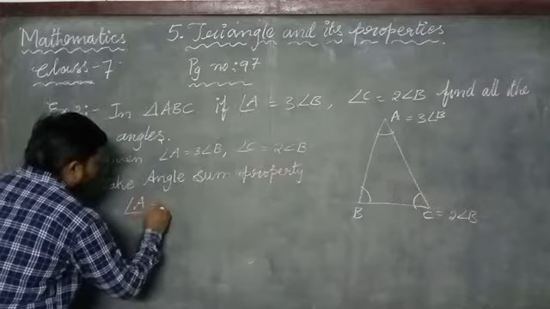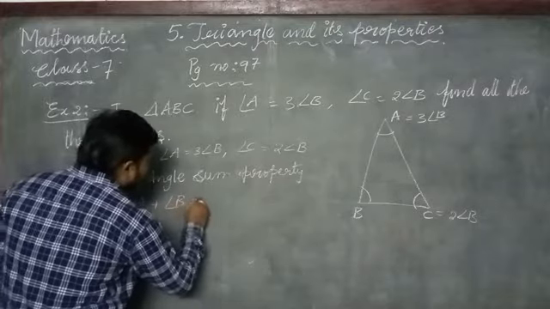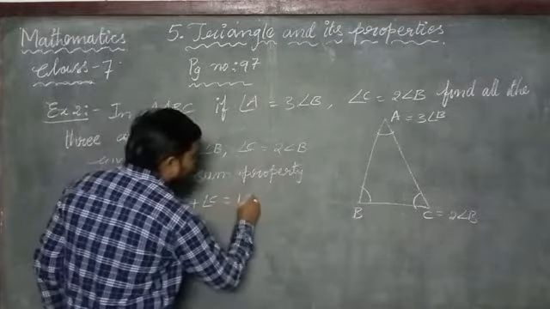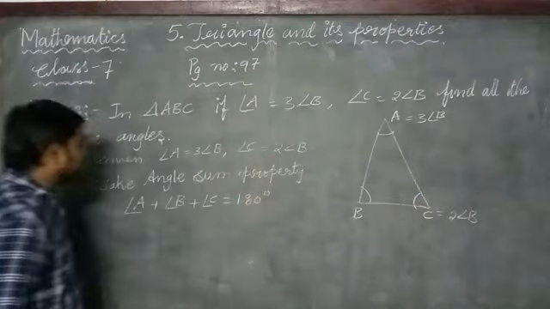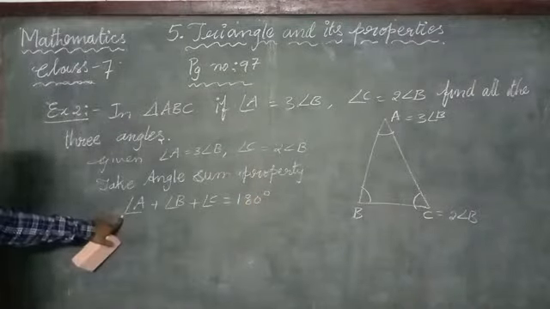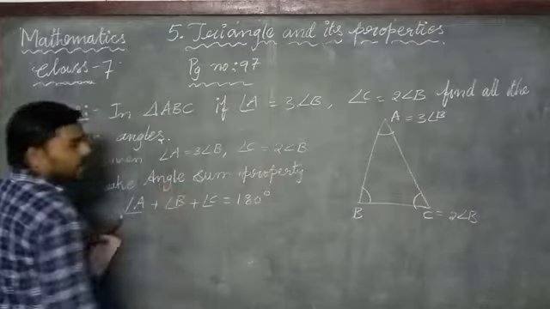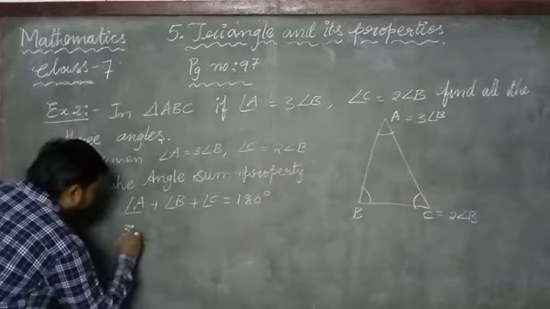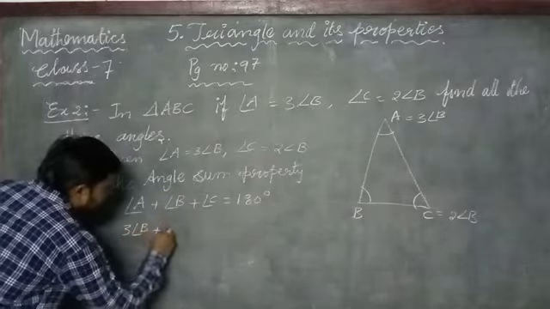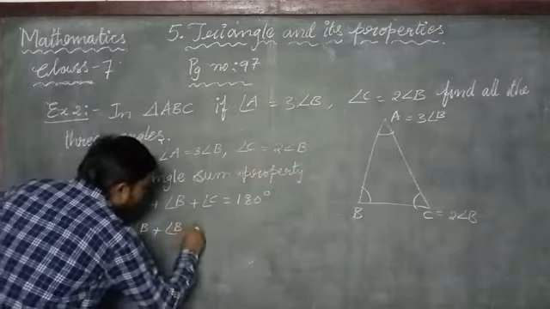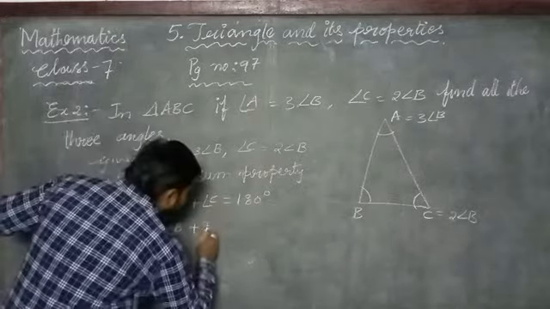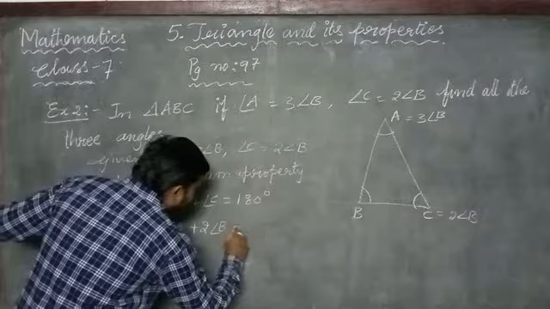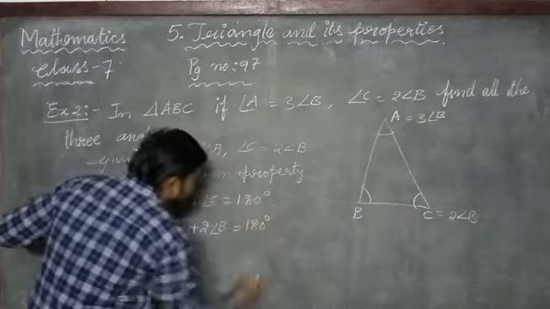So angle A plus angle B plus angle C equals 180 degrees. Then in the place of A we have to substitute; they had given angle A equals to 3 angle B. In the place of B we have to write B only. In the place of C we have to write 2 angle B equals to 180 degrees.